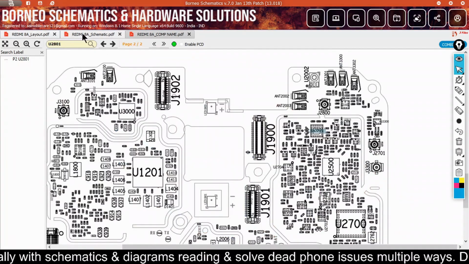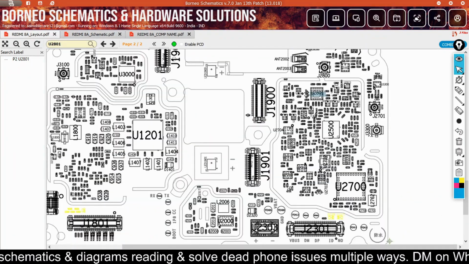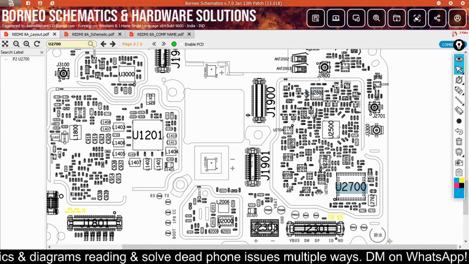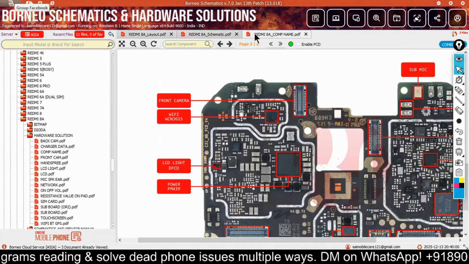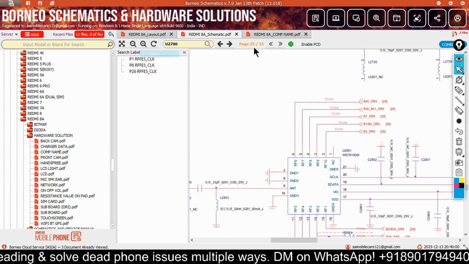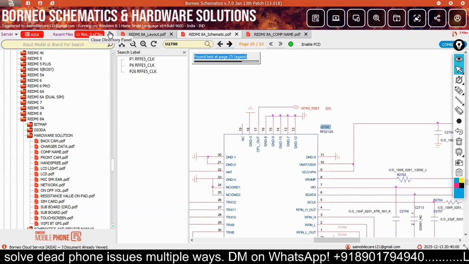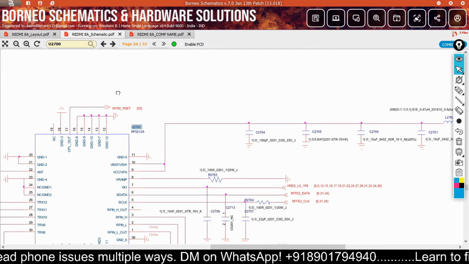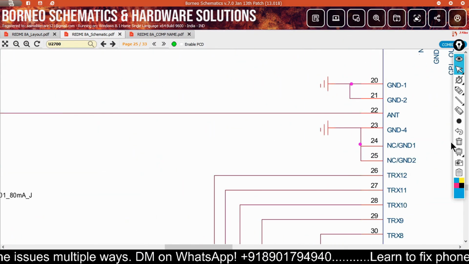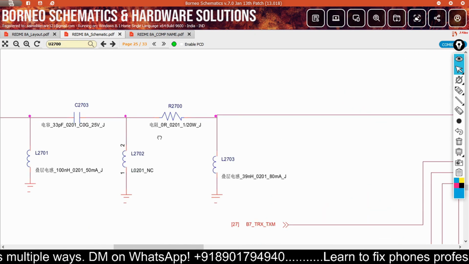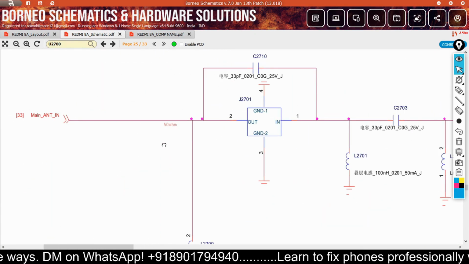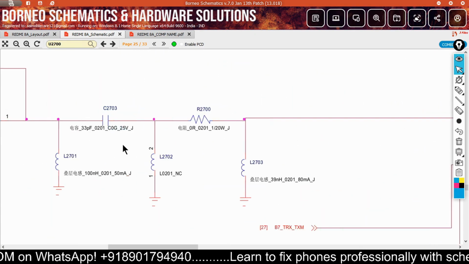So we go directly to the antenna. Copy this antenna, let's say copy this 2GPA. So this is our antenna line, the main antenna line, right here.